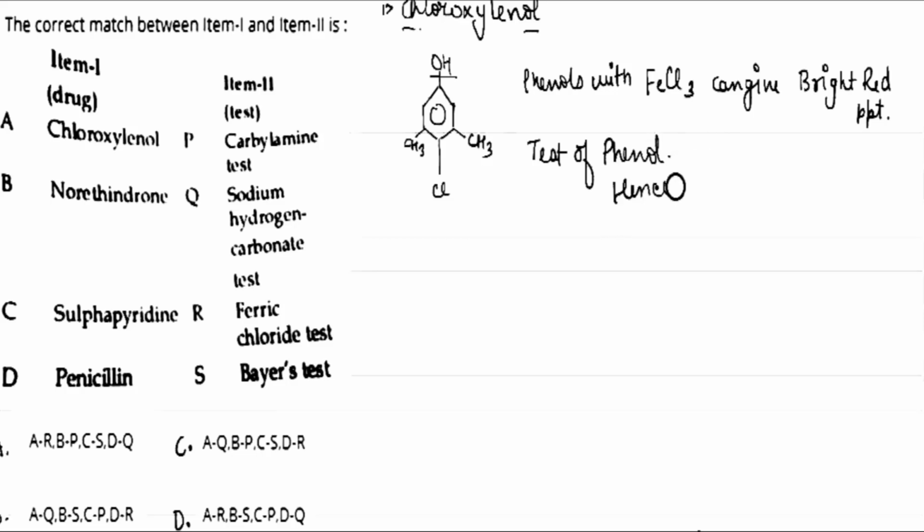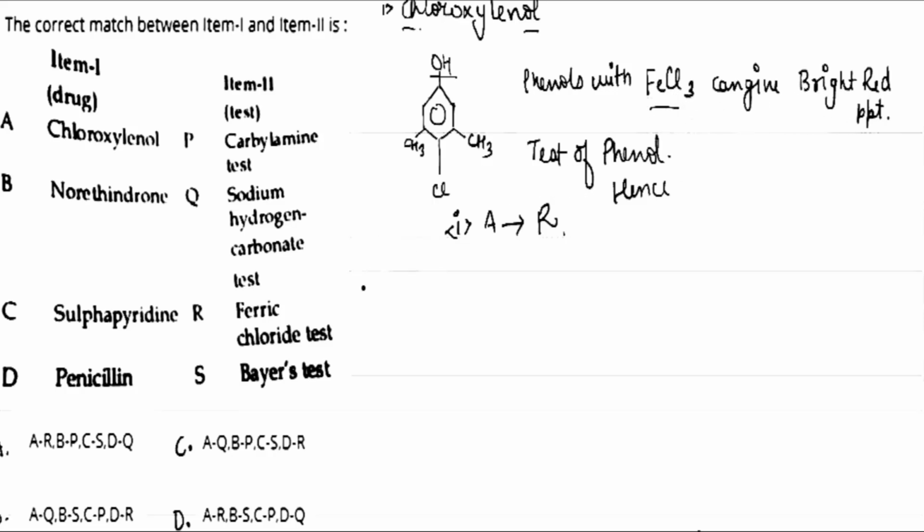Hence, option 1 or option A matches the ferric chloride test, which is option R, as it has a phenolic group, and the phenolic group has an acidic H plus. Hence, it gives the ferric chloride test and a bright red precipitate.